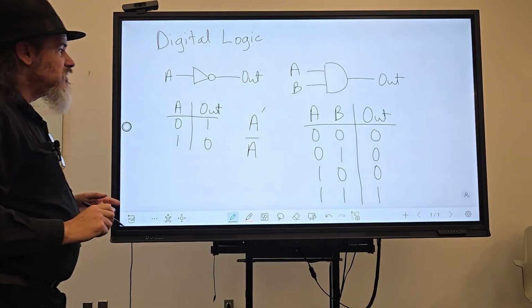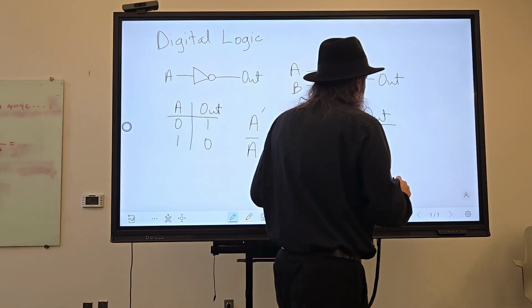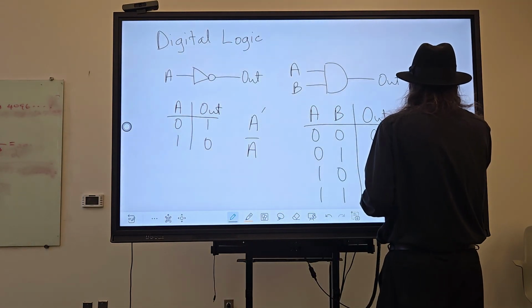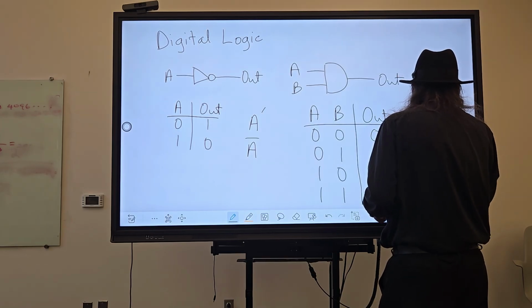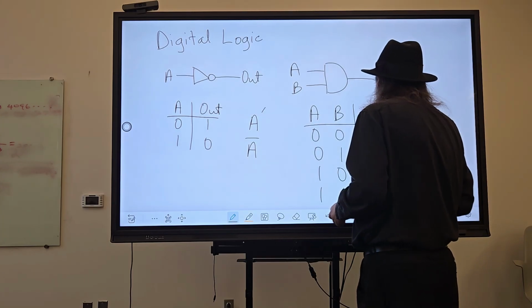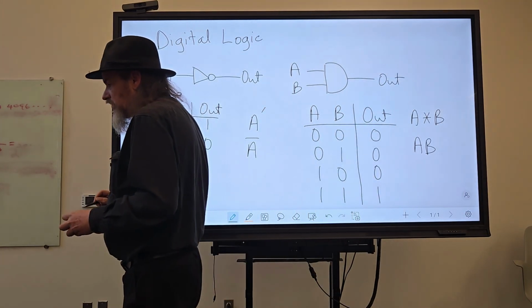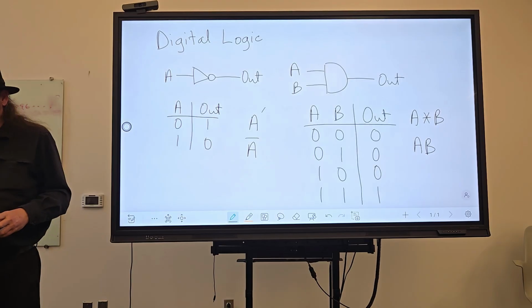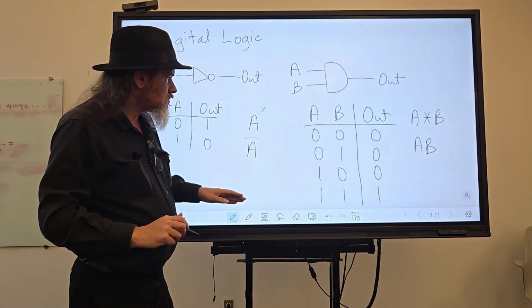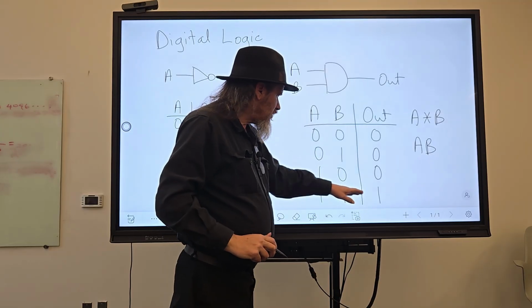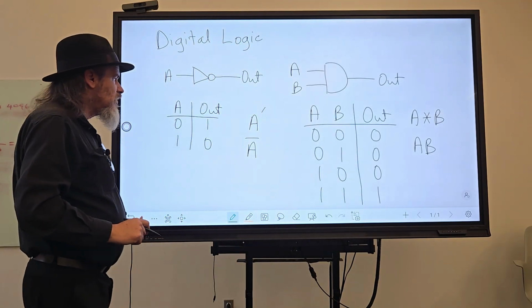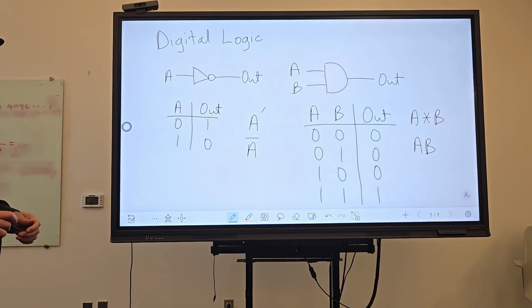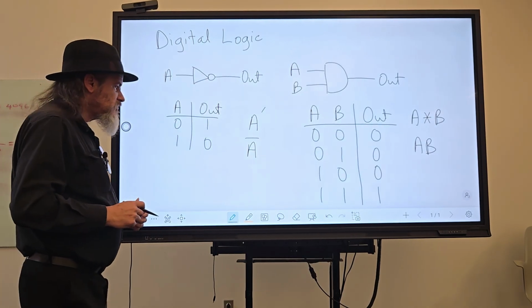And in Boolean expressions it is represented by multiplication. So it's A star B or just AB. So pretty straightforward there. It is only high when both inputs are high, low otherwise. Pretty simple stuff.